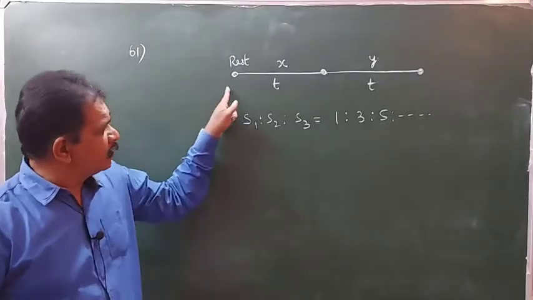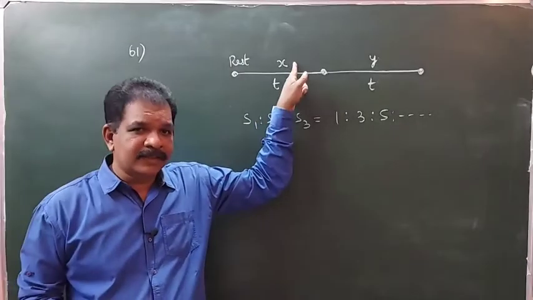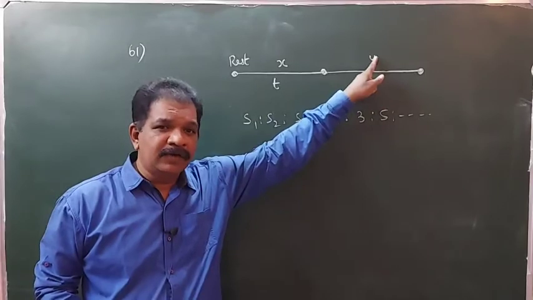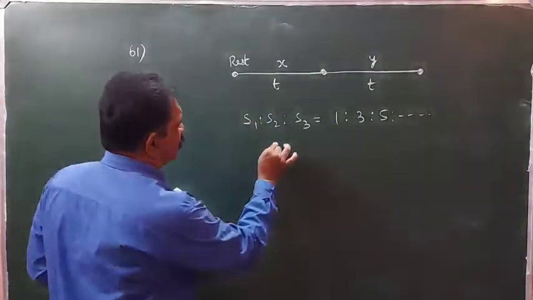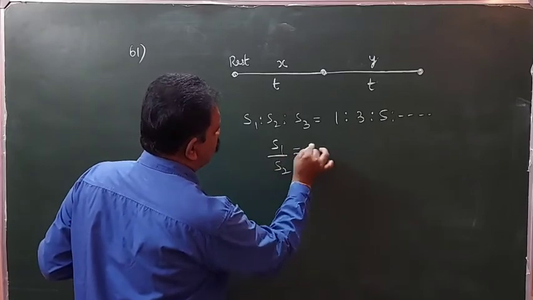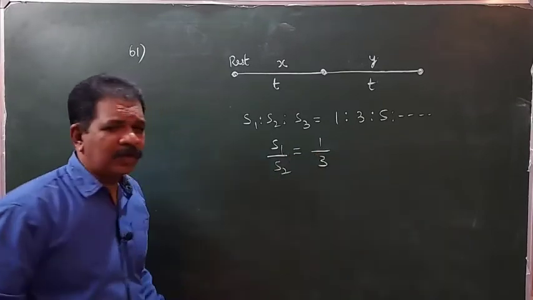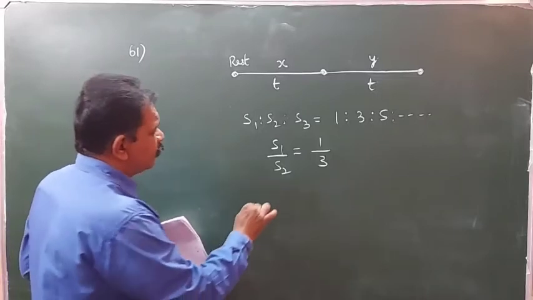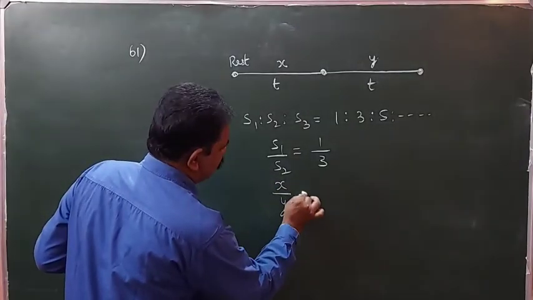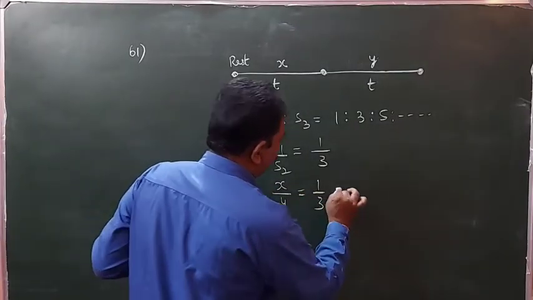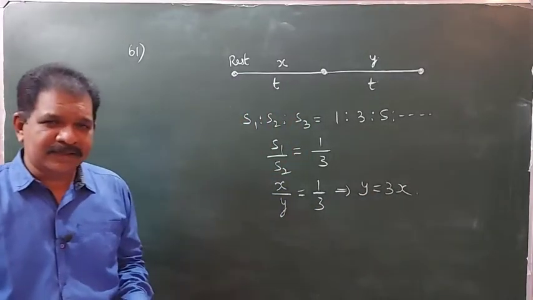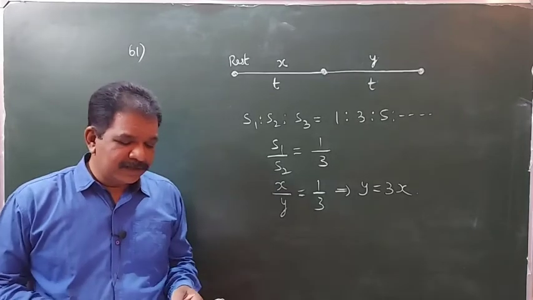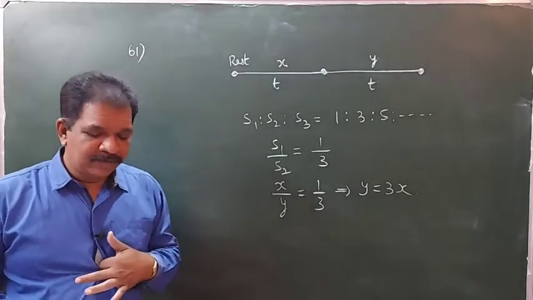Means in the first 1 second if it travels x, in the next 1 second it will travel 3x distance. So this is nothing but s1 by s2, which is 1 by 3. So this is x, this is y, this will be 1 by 3, y is equal to 3x. That is the relation between y and x.